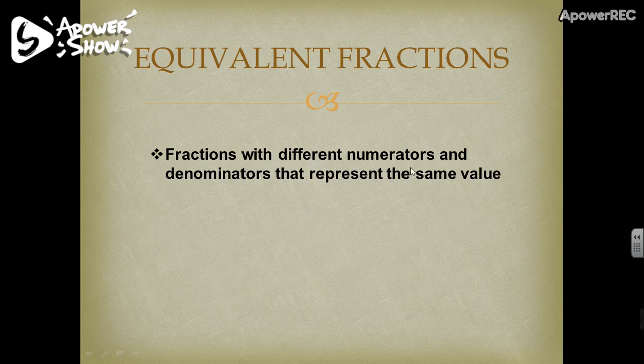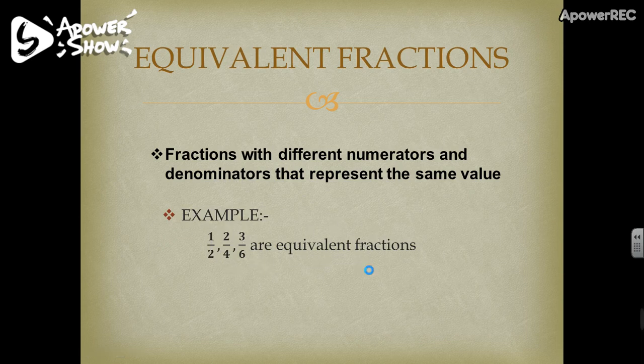Although their numerators and denominators are different, they are all representing the same value. For example, 1 by 2, 2 by 4, 3 by 6. These three fractions are equivalent fractions.